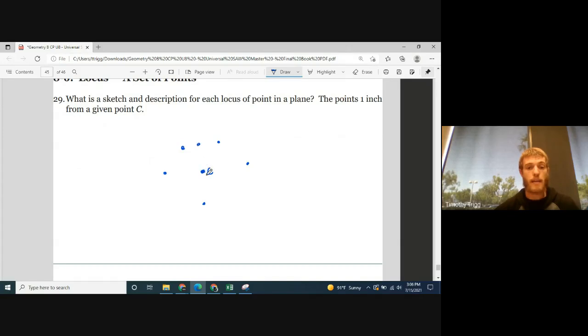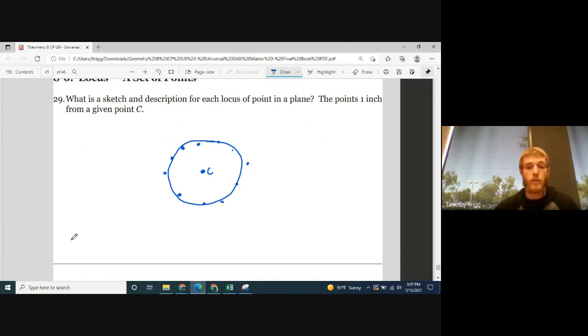Now, how long could I be making these points for? I could be making these points forever, trying to draw every point that is 1 inch away. But you can see what kind of shape we're going to be making here. It's going to be a circle. If you really want to make this look nice, you can use an actual ruler and draw points and measure the point's distance. Make sure it's 1 inch away. But what have we created? We've created a circle.